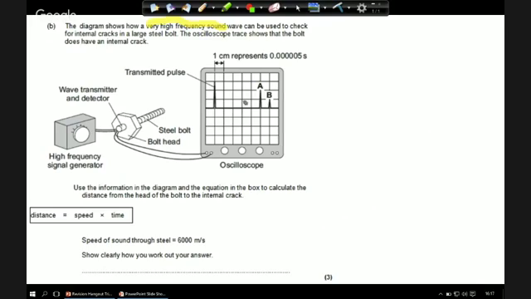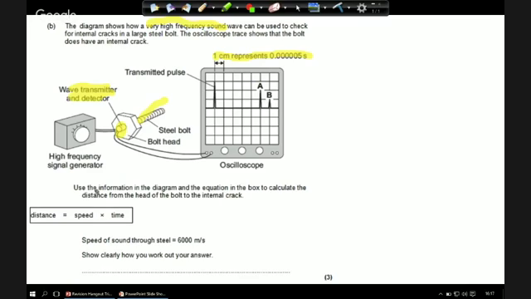The oscilloscope trace, that's this here, shows that the bolt does have an internal crack. So we've got our transmitter and detector right next to the end of the bolt. There's your steel bolt there. Now on this screen here, we see that 1 centimeter represents a very small number of seconds. So each square there is worth that amount.